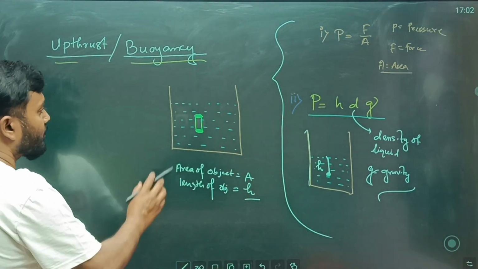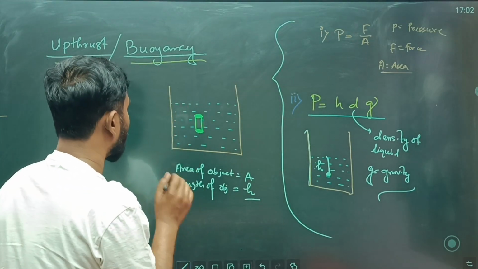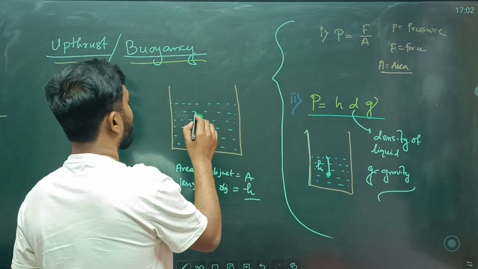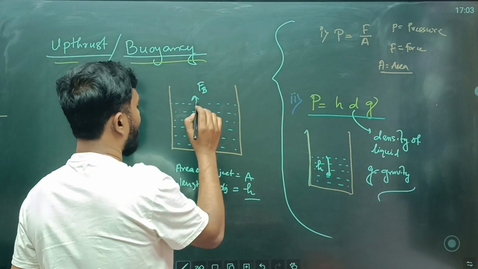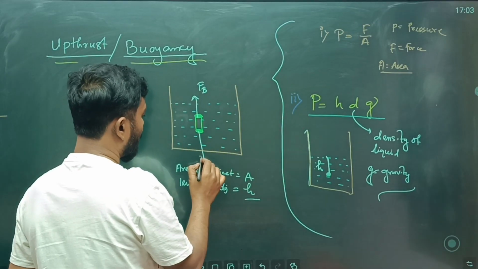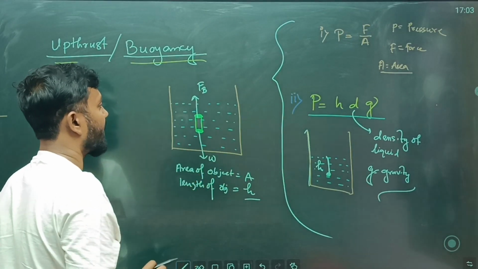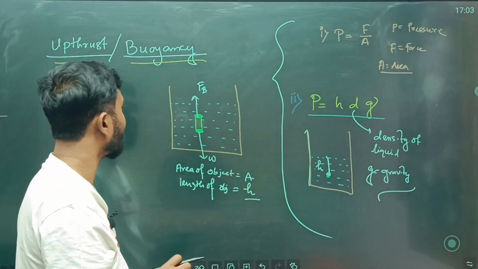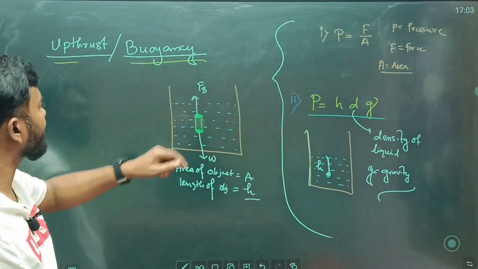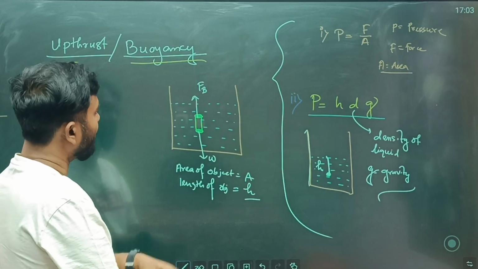This object will experience an upward force, which is known as buoyancy force Fb, and the weight W acts toward gravity, while the buoyancy force acts opposite to gravity.